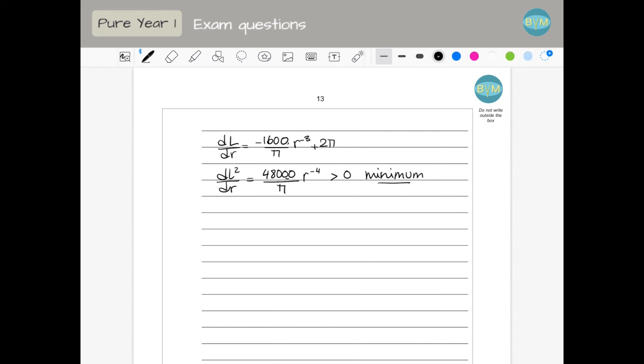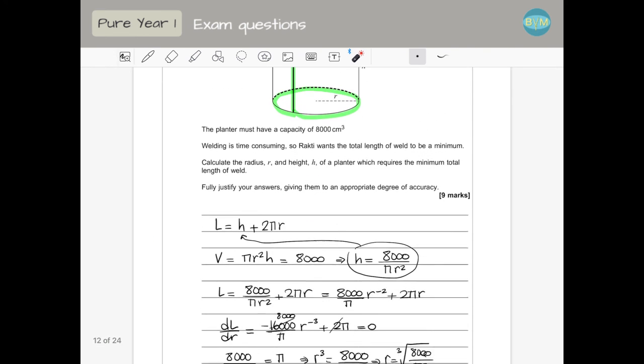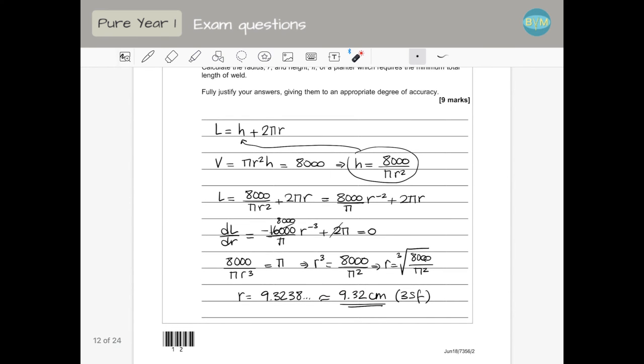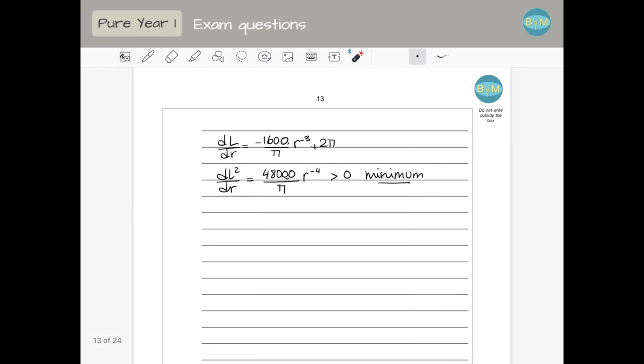That's what I have to check, because I want the minimum length of welding. And the last thing I have to find is h, because they asked me to find the radius and the height, and I found the radius, so now I'm going to find the height. I know an expression that gives me h in terms of r, so I can substitute this value of r. So h is 8,000 divided by pi r squared. In this case, it's 8,000 divided by pi times 9.32 squared.